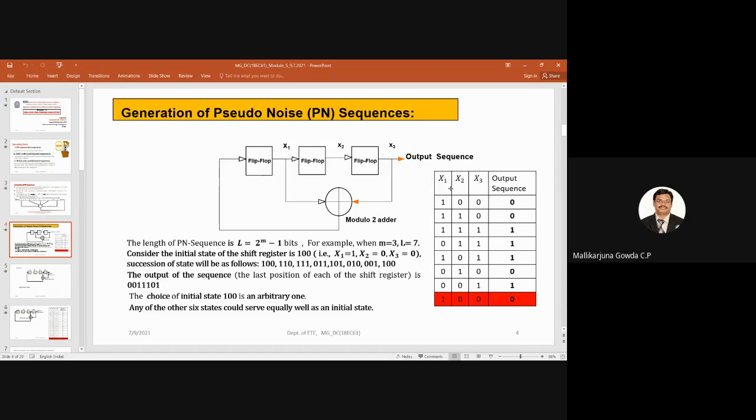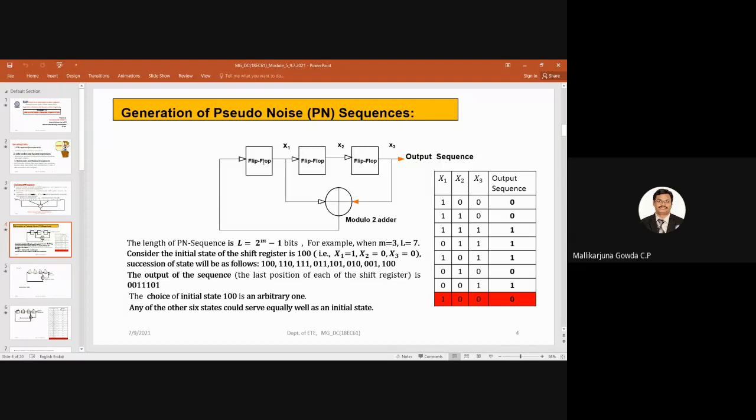So when I apply a clock pulse, it is getting shifted. Whatever is there in flip-flop 1 will move to flip-flop 2. Then whatever is there in flip-flop 2 will be moved to flip-flop 3. And whatever is there in flip-flop 3 will move out. So with that, I am getting the output sequence as 0.